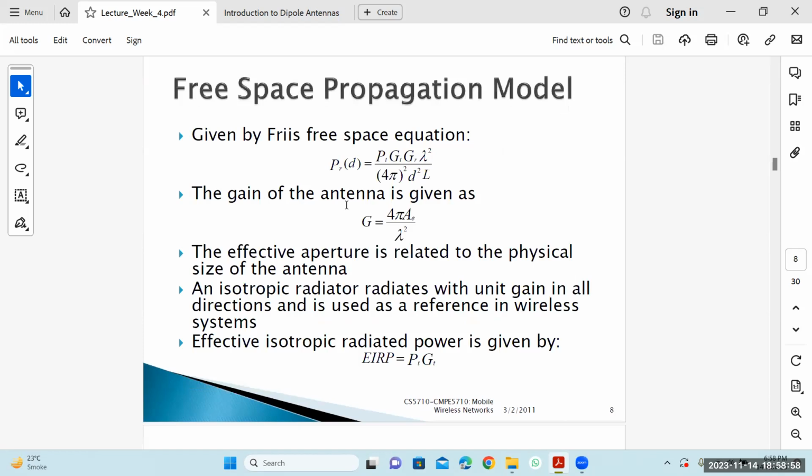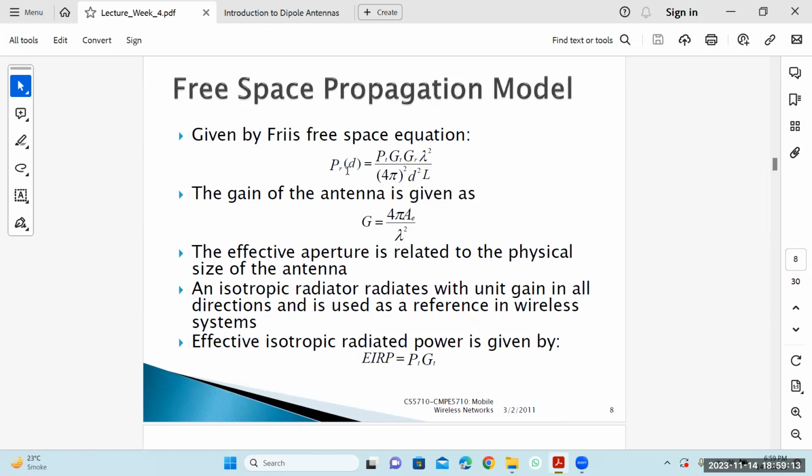A very important equation, and I would like every one of you to memorize it, because it is very important. This is known as the free space equation.